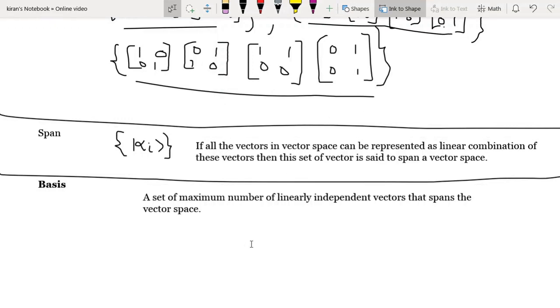So suppose I have a set of basis vectors, let's say alpha 1, alpha 2, up to alpha n.